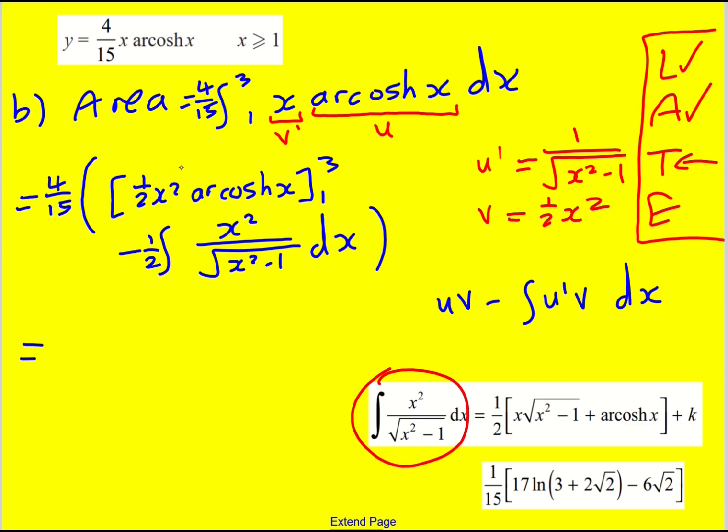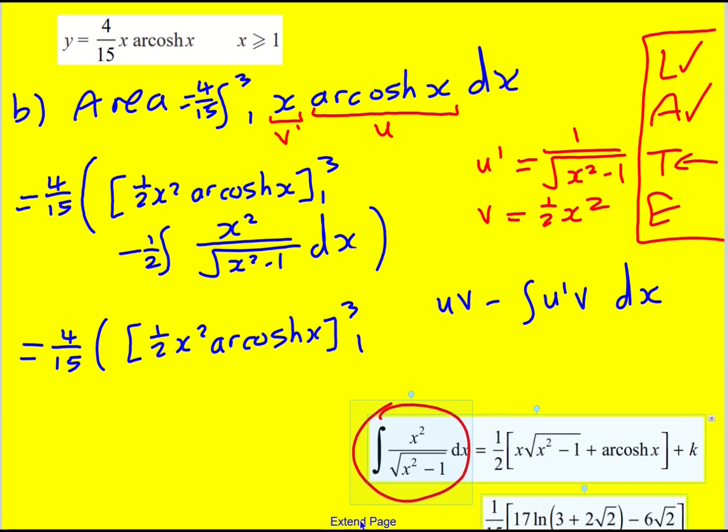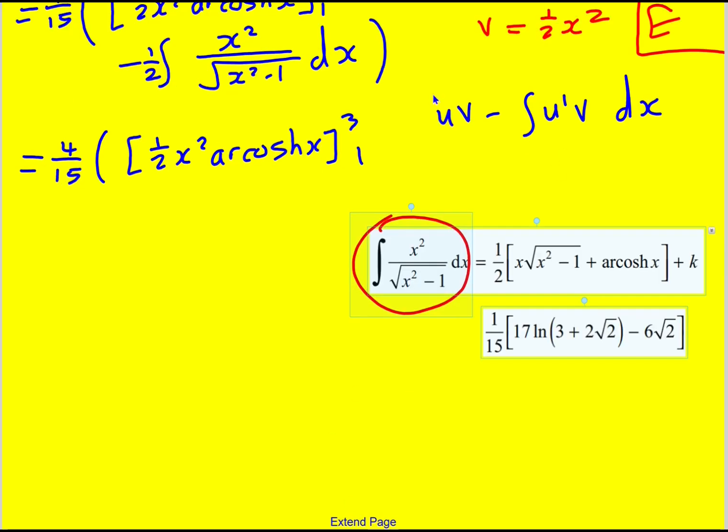Now I could evaluate this one now, but I don't think I will. What I think I want to do, no, let's just keep going with the whole thing. So 4 over 15. Okay, and now I can sub in.